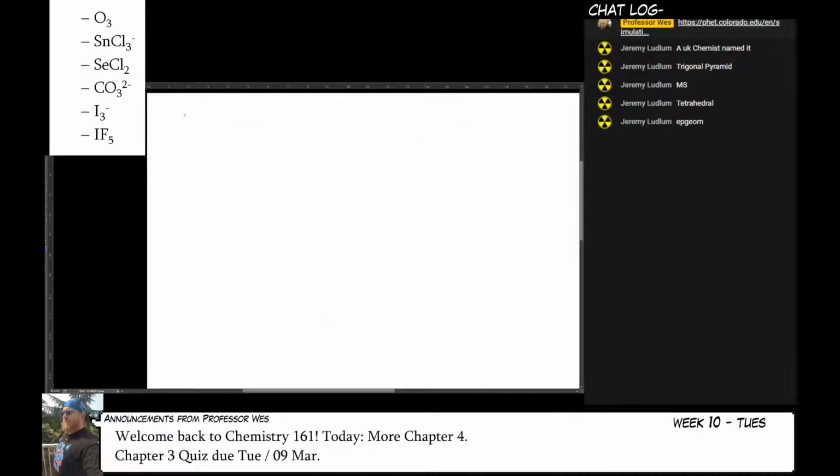All right, so we'll do ozone real quick here. So O, it's not drawing. There we go. Any resonance structure is fine. We just care about the central atom anyway, so how many electron domains are around the central atom? There are 3.